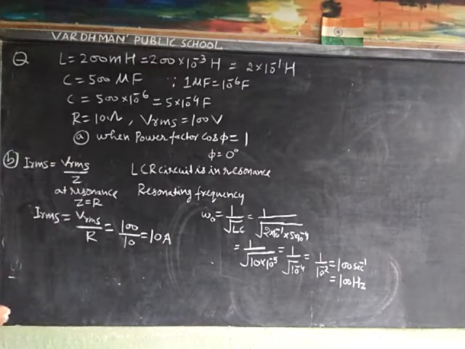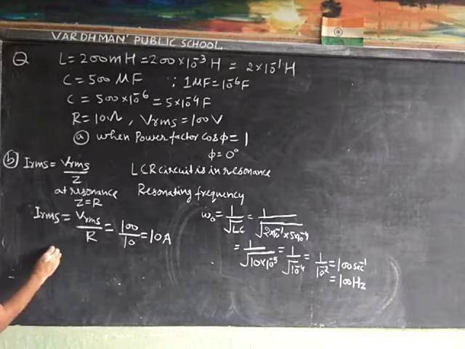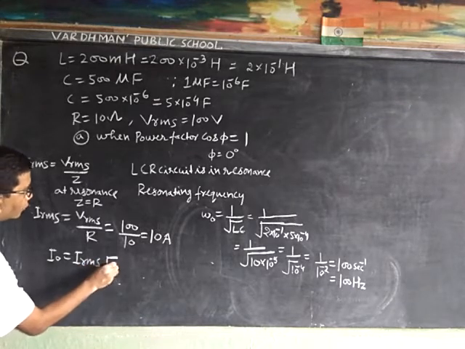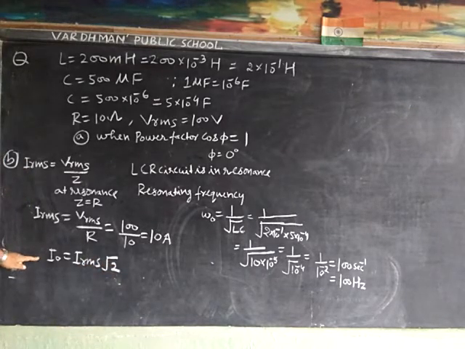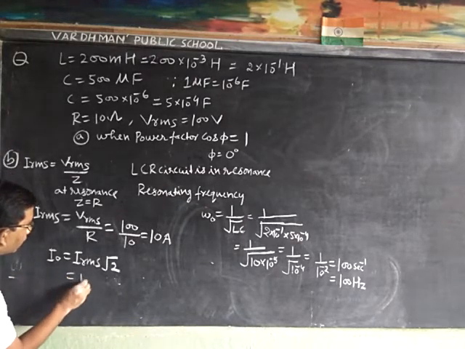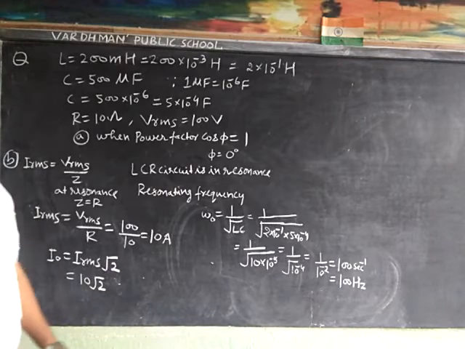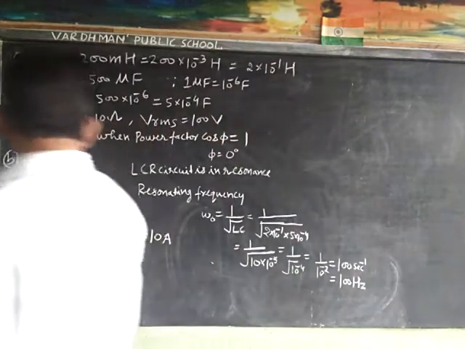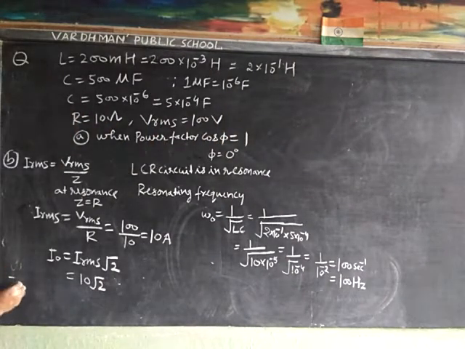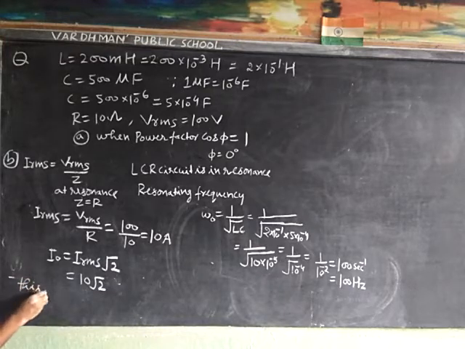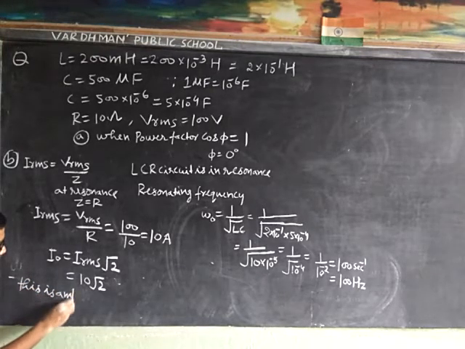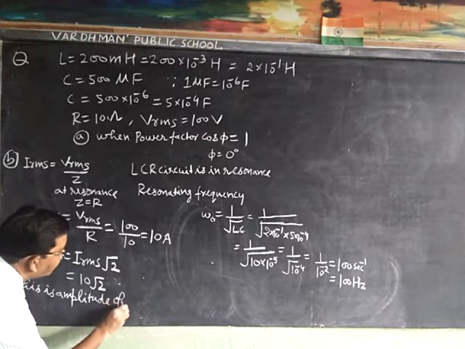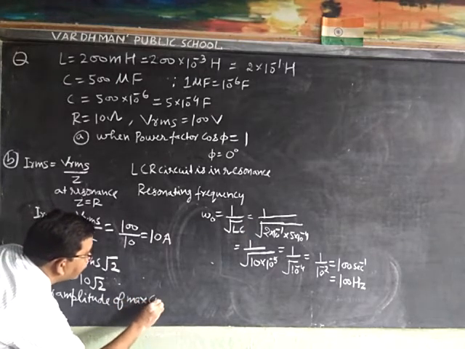Now we know I0 is equal to IRMS times under root 2. This is the peak value of current, that is 10 under root 2. This is the amplitude of maximum current.